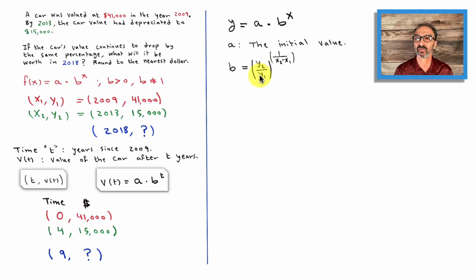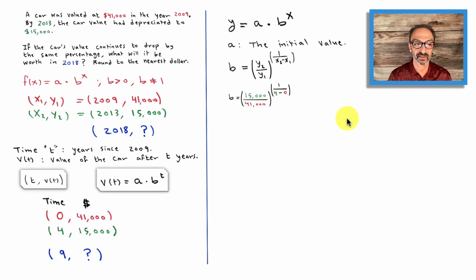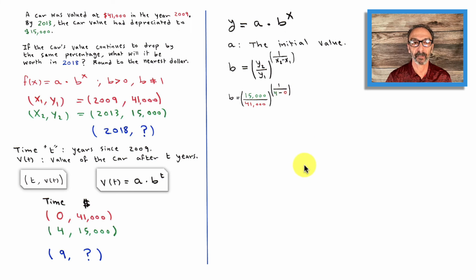b equals y2 over y1, to the power 1 over x2 minus x1. In this case, that's my y2 and that's my y1. So I'm going to divide 15,000 over 41,000 to the power 1 over x2 minus x1. As you can see, I'm using colors to show you where it's coming from. Zeros cancel, and we have 15 over 41.